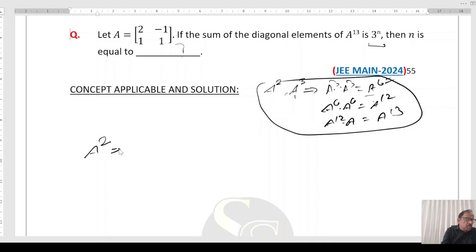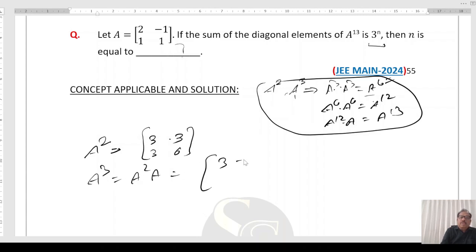on simplification comes out to be [3, -3; 3, 0]. A cube, A square into A, that is [3, -3; 3, 0] into [2, -1; 1, 1].